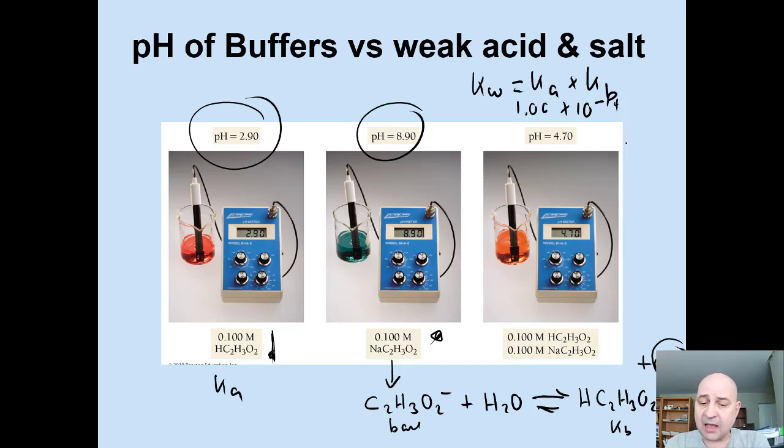And so if we have a 0.1 molar solution of the mixture, where we take 0.1 moles of the acetic acid and 0.1 moles of sodium acetate, mix the two together and add enough water to make a liter, we would actually have a pH that's somewhere in the middle.